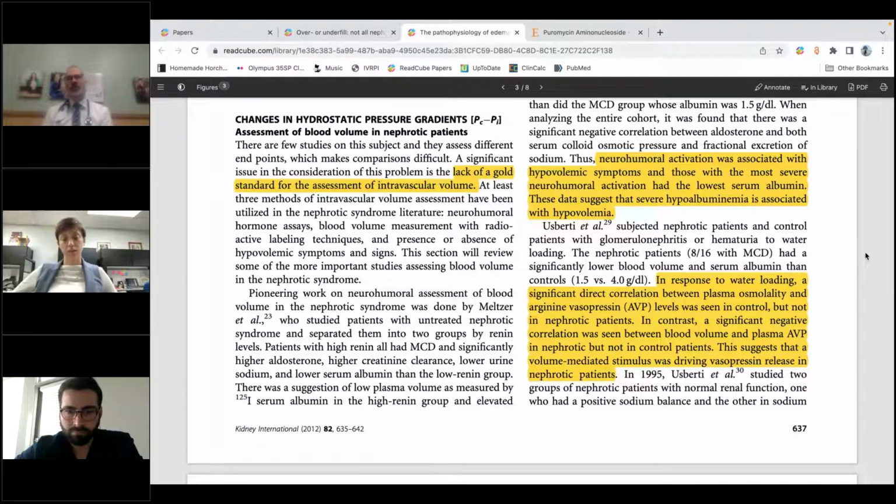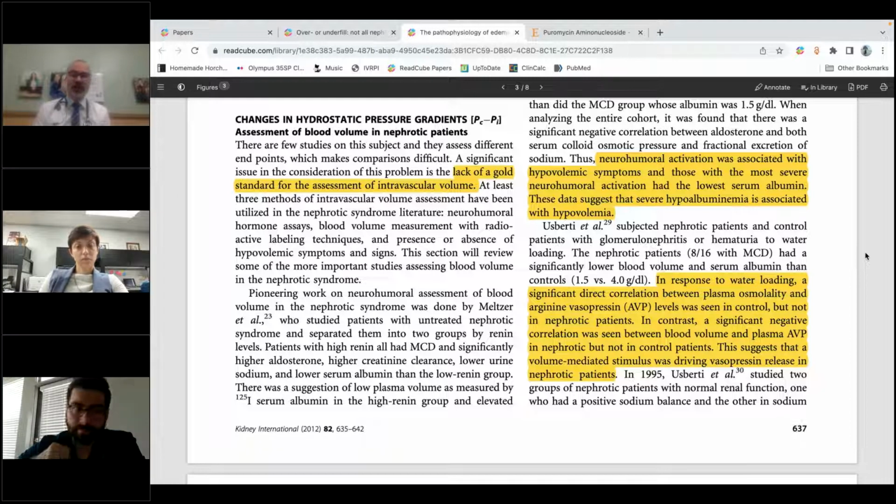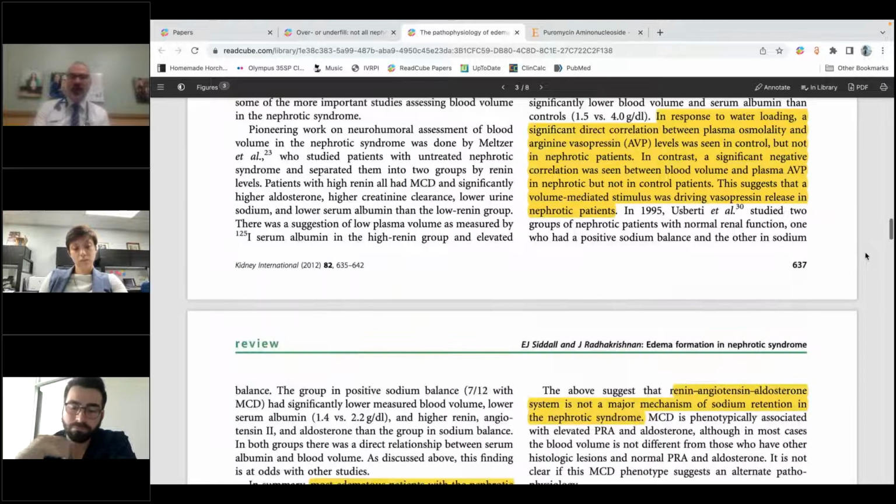So again, proteinuric patients might have some activation of ADH and therefore water retention for reasons that are not completely understood. It was shown that they have this altered response curve, but there is not a good explanation for why patients with nephrotic syndrome have altered response to ADH overall.